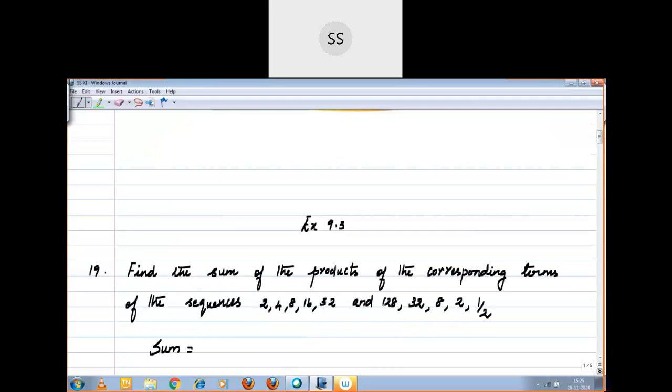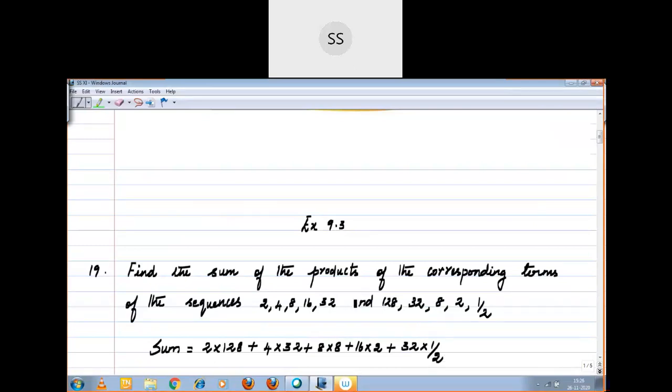That is 2 into 128 plus 4 into 32 plus 8 into 8 plus 16 into 2 plus 32 into 1 by 2.